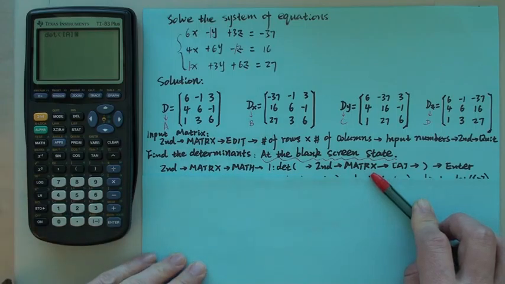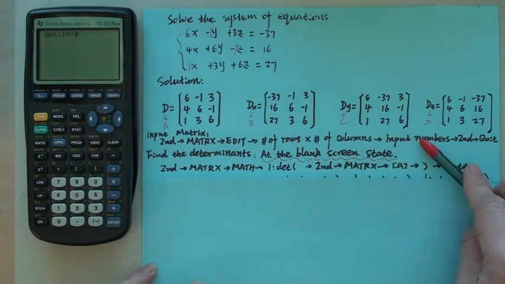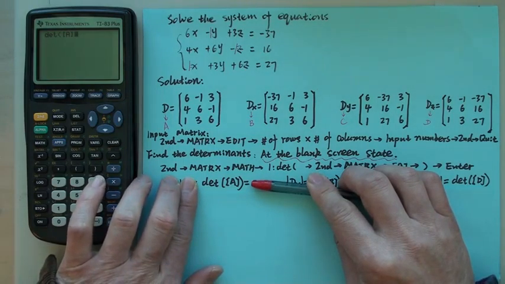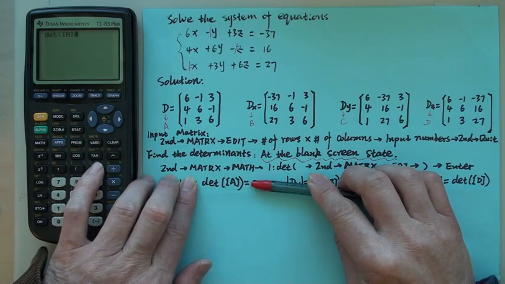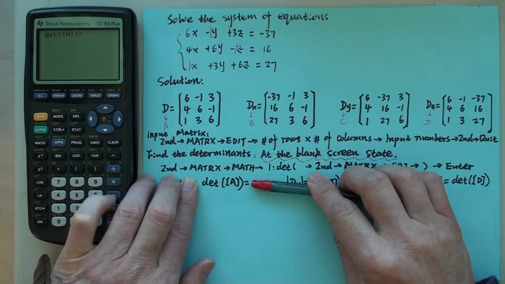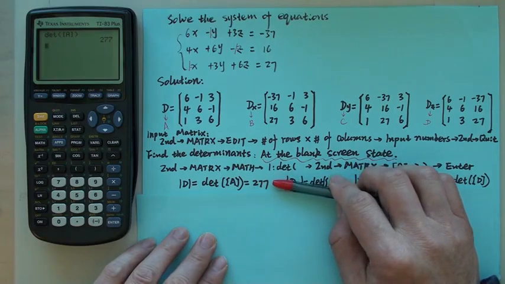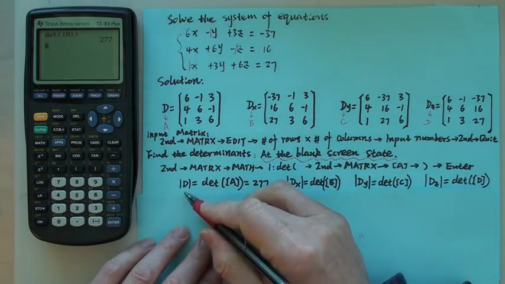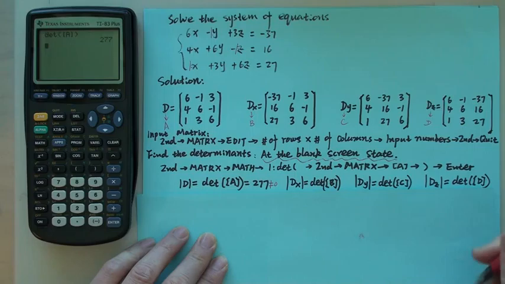It has determinant, left parenthesis, matrix A. You need to input the right bracket. And then you hit enter. You then have 277. So you know the determinant of the coefficient matrix is not 0, and you may proceed in this way.